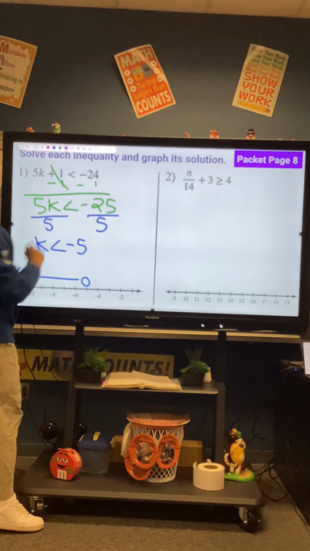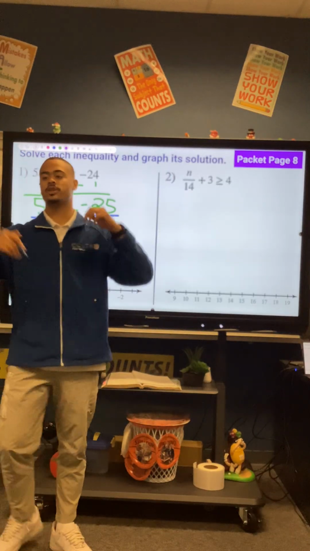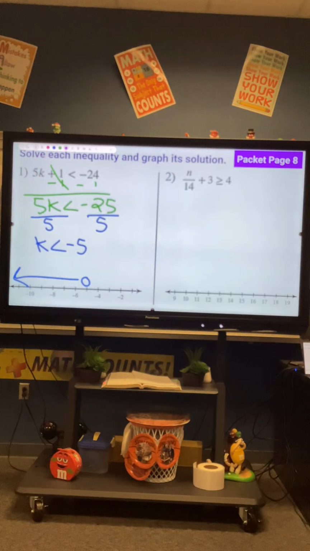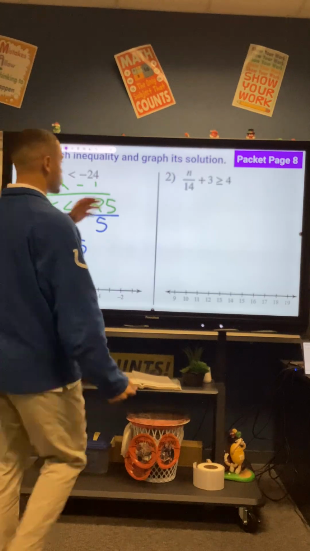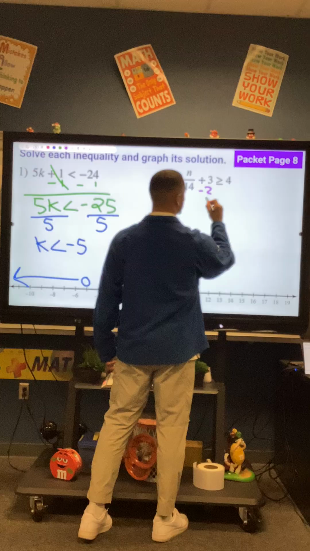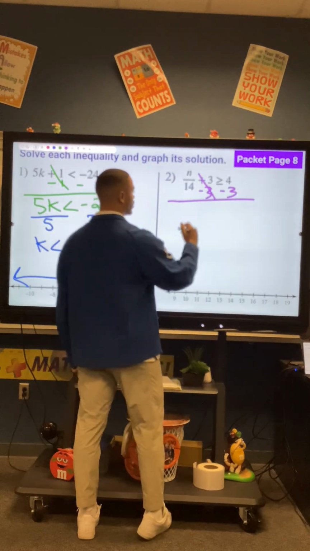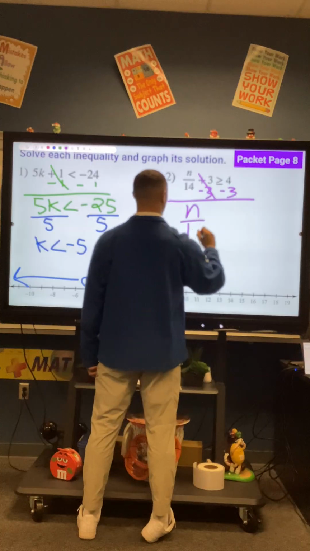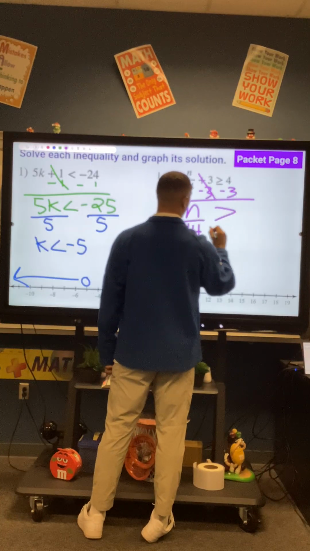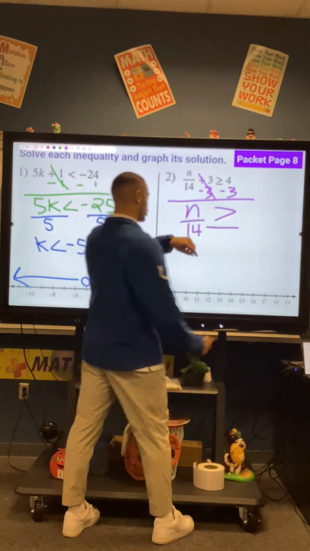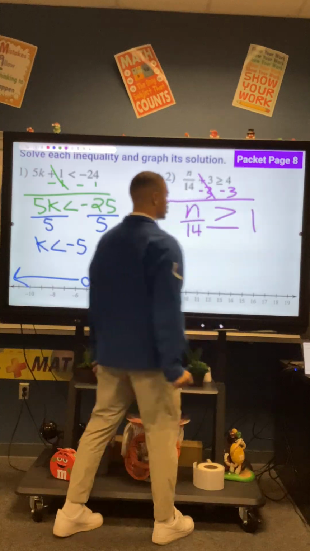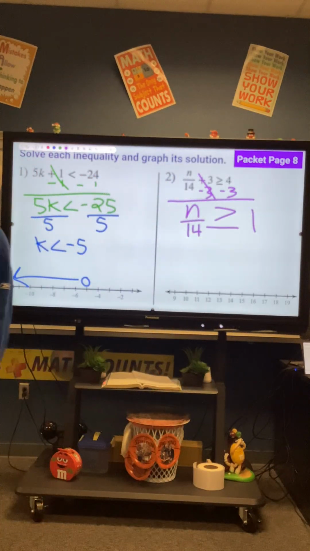Over here, first thing I'm going to do, whenever we solve inequalities, when we solve equations, we always do PEMDAS in reverse. So the first thing I'm going to do is subtract 3 from each side. That's going to leave me with 0 on that side, so now I just have n over 14 is greater than or equal to 4 minus 3 should be 1. Okay?